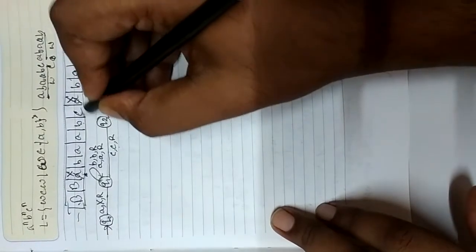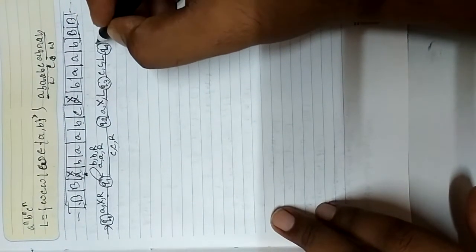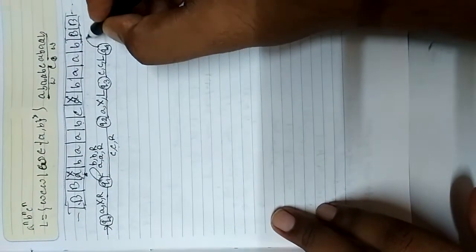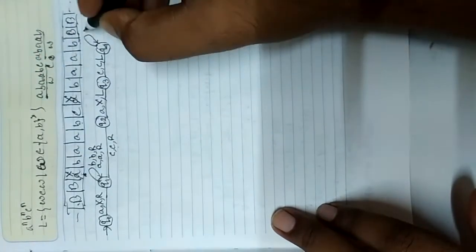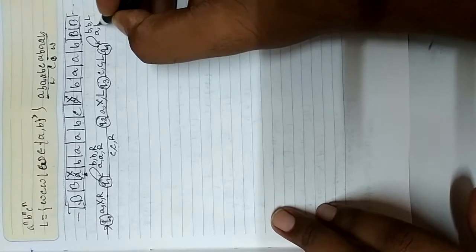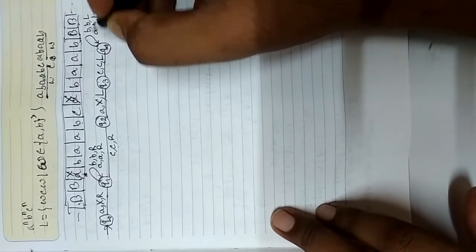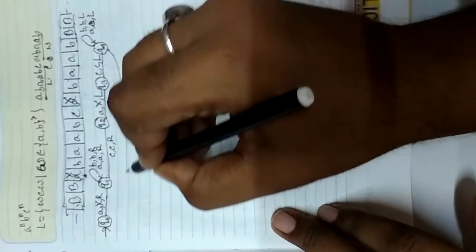Then it will keep on reading all these elements and moving towards left till it encounters the first X. So B is replaced by B, moves left, A is replaced by A, moves left, and while encountering the first X, it goes back to its own state.